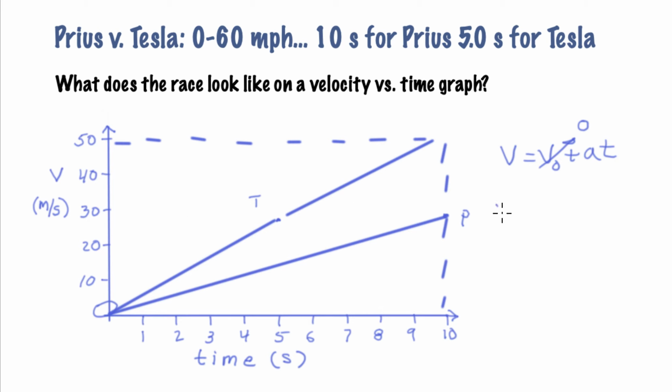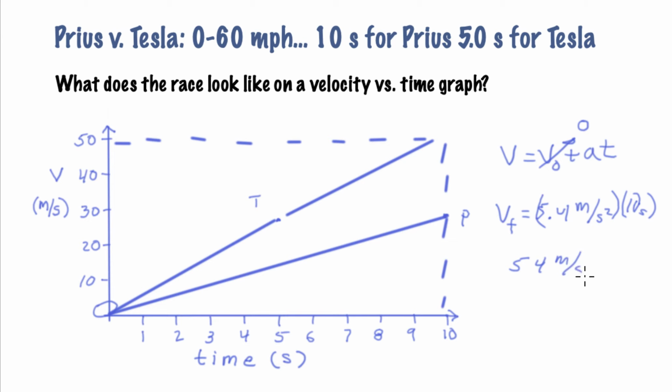So the final velocity of the Tesla after 10 seconds would be its acceleration, 5.4 meters per second squared, times the time that it was going. If we're extrapolating out to find how fast it's going at 10 seconds, then 5.4 times 10 is 54 meters per second.